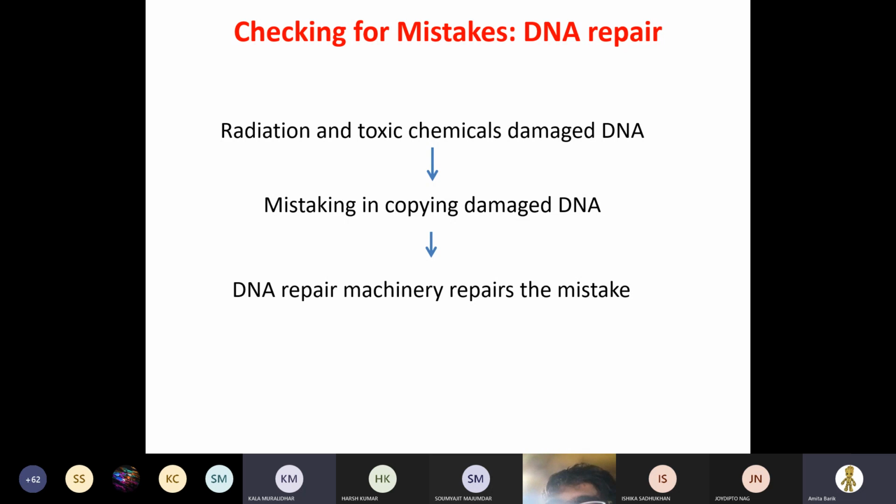So DNA has this machinery which repairs these mistakes. Usually this happens properly, but if sometimes it doesn't work properly, then it leads to different diseases. Okay.